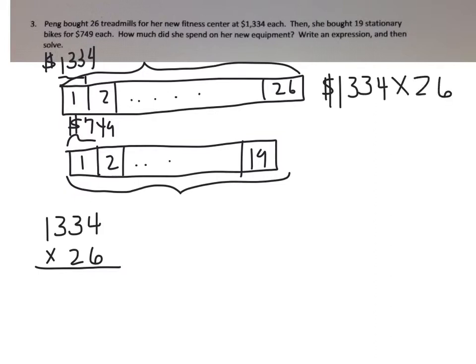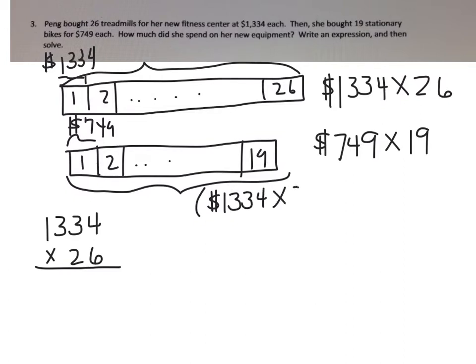And on the bottom, I'm going to have 749 times 19. And then I need to know how much she spent all together, so I need to add these two together. But remember, we can't just write the plus sign in between those. We need to put our parentheses in so that I know which parts actually get done together.